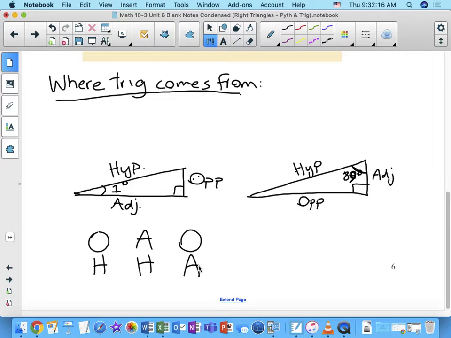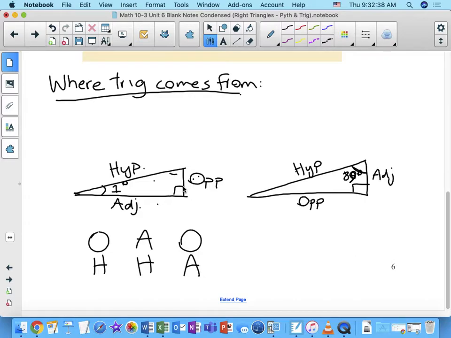Okay. So if we want to pair up sides in a right triangle, and there's 3 sides, there's 3 different ways we can pair them up. We can pair up these 2 sides, these 2 sides, or these 2 sides. And those 3 pairs make the 3 trig ratios. Okay?